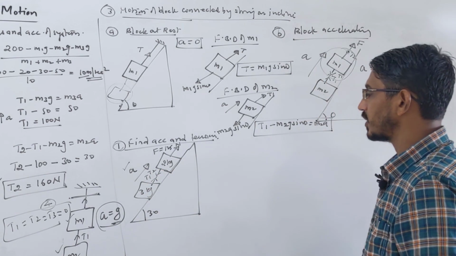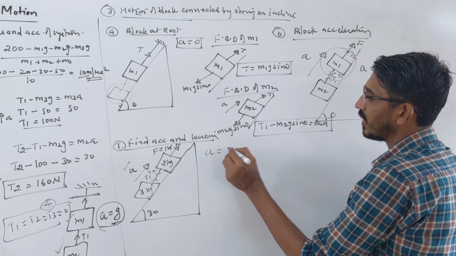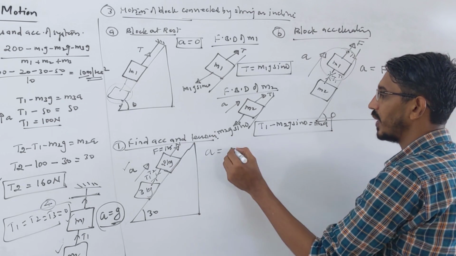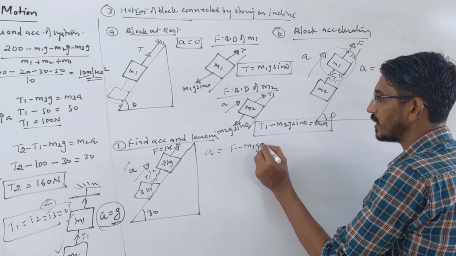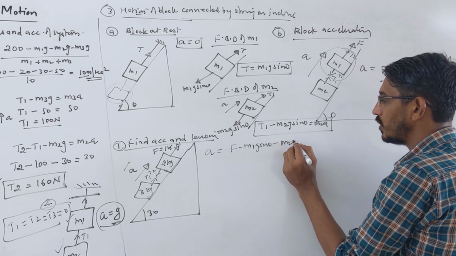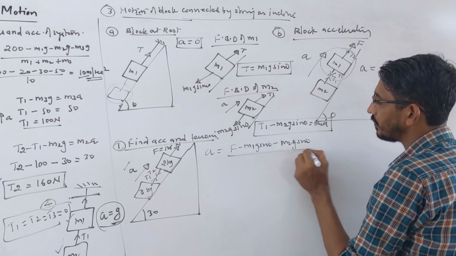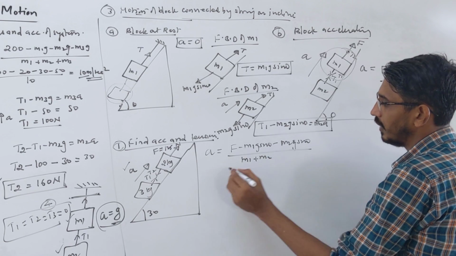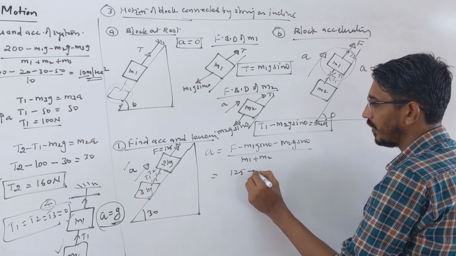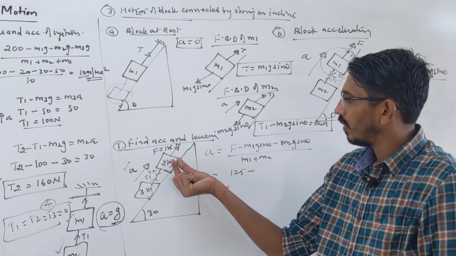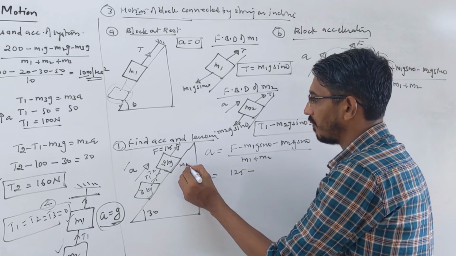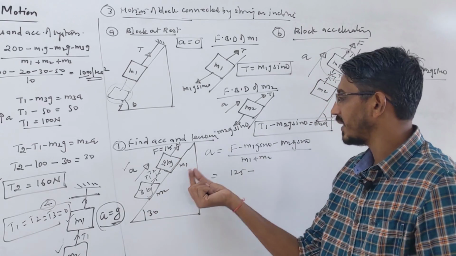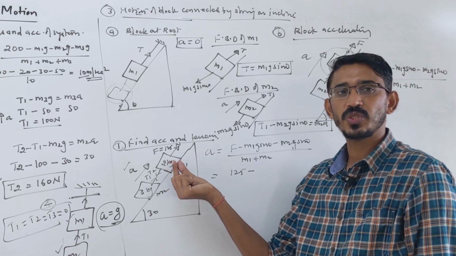Let's find the acceleration of the system first. Acceleration is net force by total mass. The upward force is F minus m1g sin theta minus m2g sin theta, divided by m1 plus m2. F is already given as 125 Newton. Let's name this m1 and this m2. What is mg first? For 2 kg it is 20 Newton.